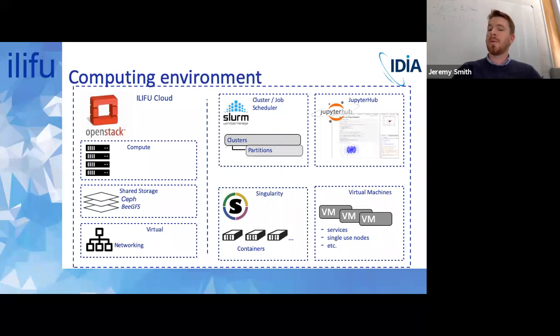So on OpenStack, we have systems such as the SLURM cluster, which is a service that provides compute nodes to the users. And then we also have the JupyterHub service, which is an IDIA development environment where you can code and test scripts prior to launching scripts on the cluster. So those are the two primary services that users interact with.